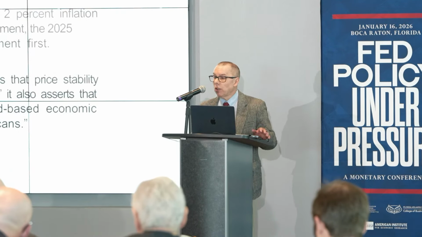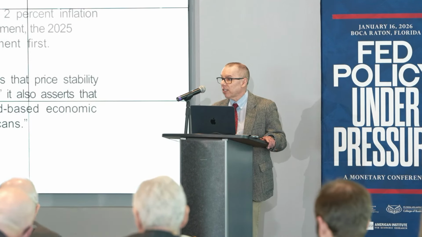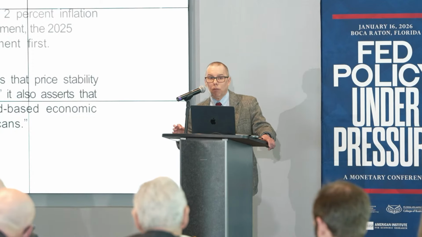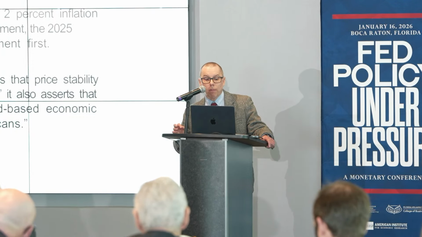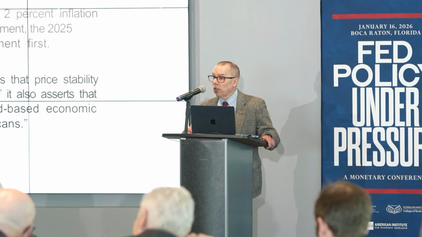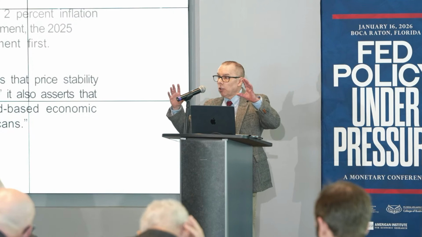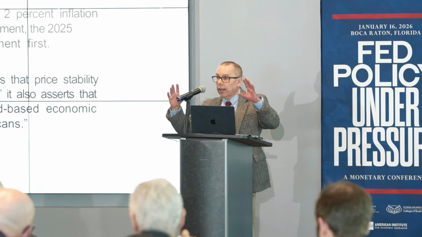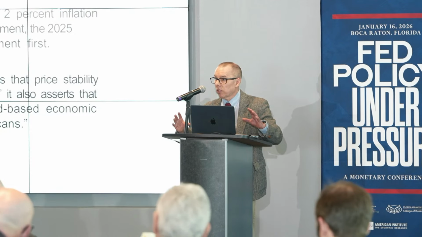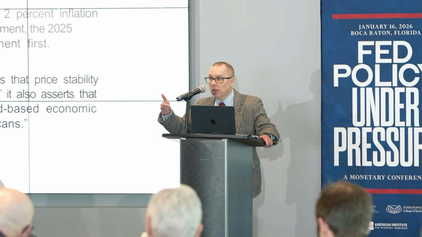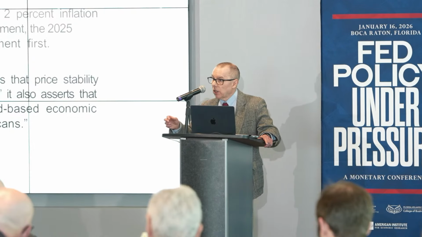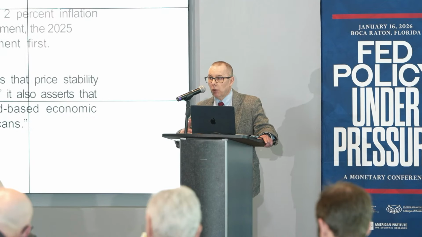And then if you take a look at the details of the new strategy statement, especially when compared to the original 2012 version, whereas the 2012 statement begins by introducing the 2% inflation target and then goes on to talk about goals for unemployment, the new statement reverses the order. Second and related, the new statement continues to feature language similar to what appeared in 2020 that also appears to elevate the objectives for unemployment above those for inflation.